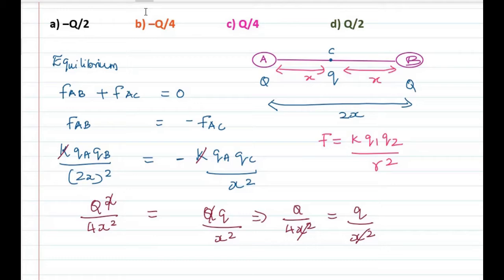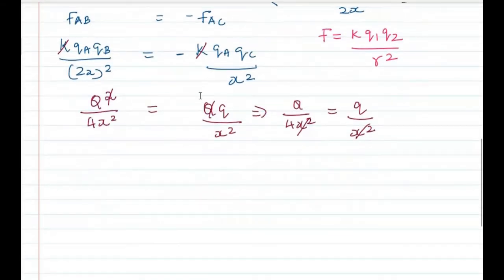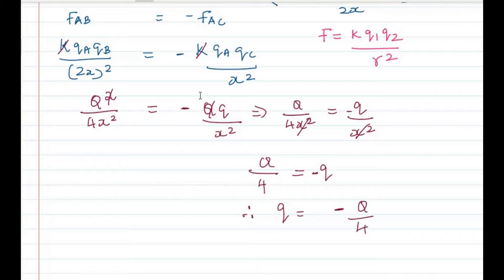Therefore we have to find out from the question what the small q value is. So we have Q by 4 is equal to, sorry, I left out the minus sign, it will come here. So Q by 4 is equal to minus q. Therefore, q will be equal to minus of Q by 4.